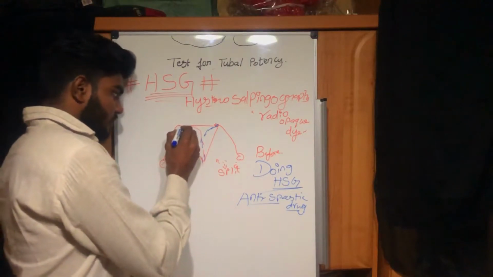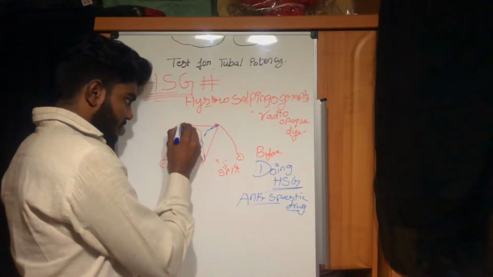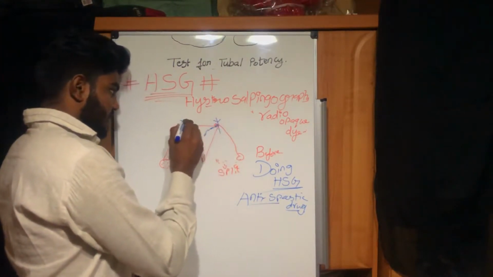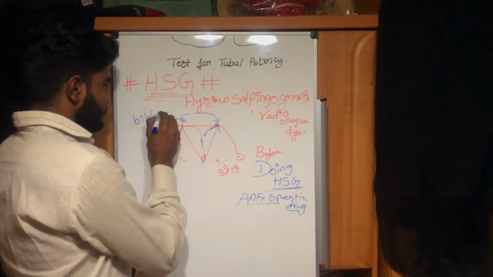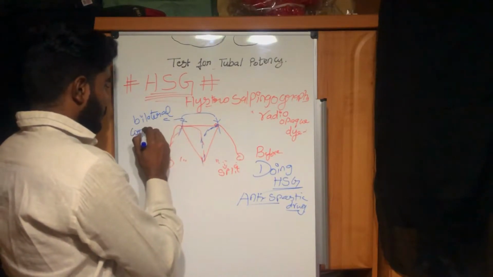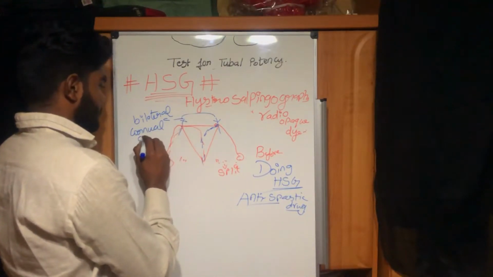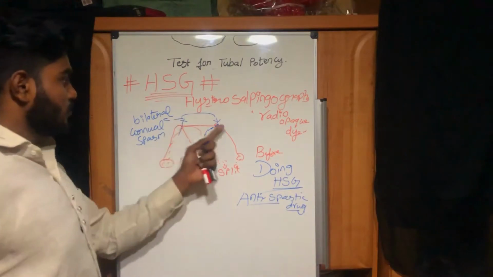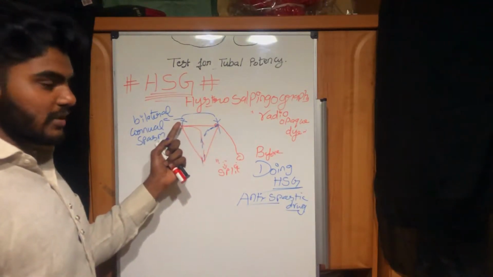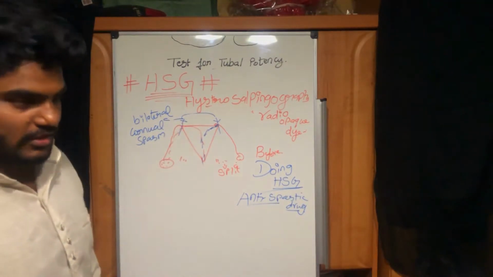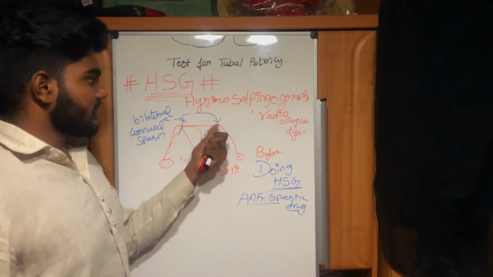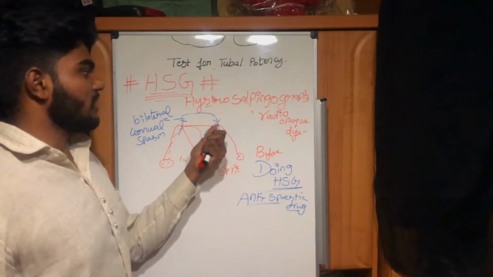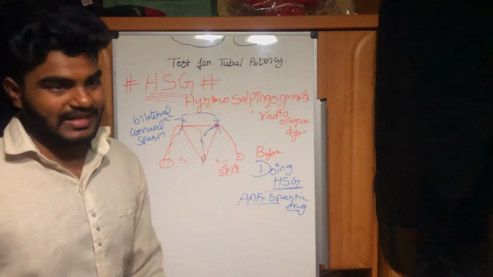So normally these two regions will block, bilateral cornual spasm. Bilateral means both sides. Cornual means the corner part of the fallopian tube, and spasm means constriction.